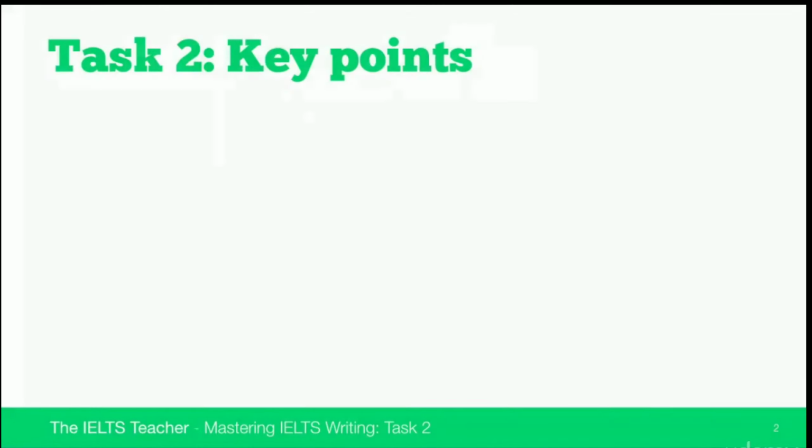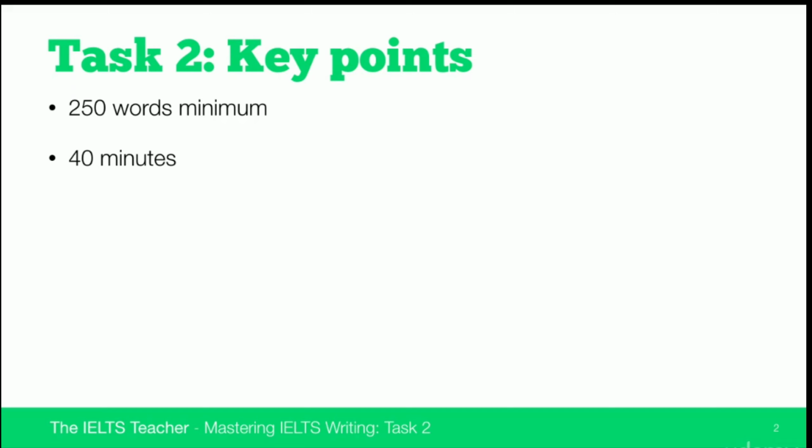So just some key points here about task 2. There is a minimum word count of 250 words. There is no maximum word count, so you can write as many words as you like over 250, but bear in mind that there is a 40-minute time limit. So you do want to finish the essay in time.